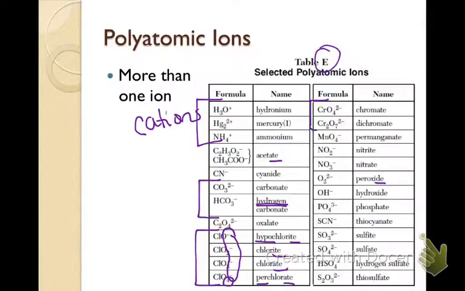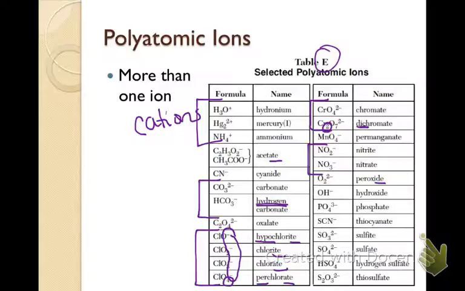Some other examples, chromate versus dichromate. So chromate just has 1 chromium and 4 oxygens versus dichromate, which has 2 chromiums and 7 oxygens. So that di is representing the 2 chromiums in there. Let's see, nitrite versus nitrate. Nitrite only has 2 oxygens, nitrate has 3.